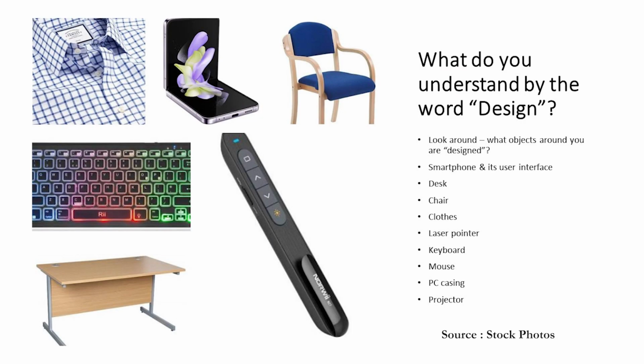Okay, so let's unpick the word design then. What do we understand by the word design? Looking around, what objects around you are designed? The chairs: somebody has thought about the shape of it, the materials that will go into it, how they will be manufactured, the color.